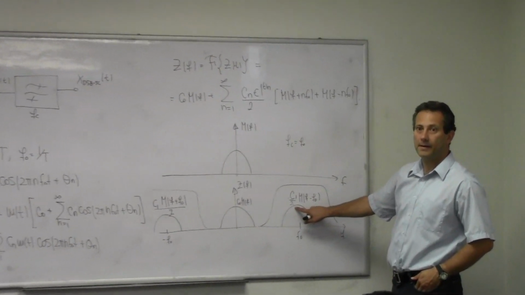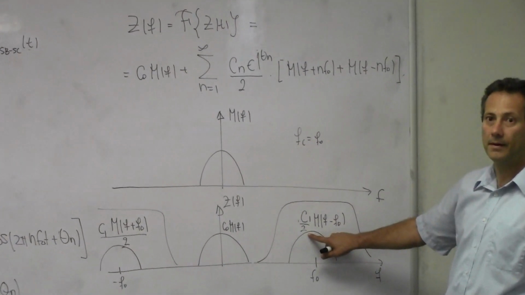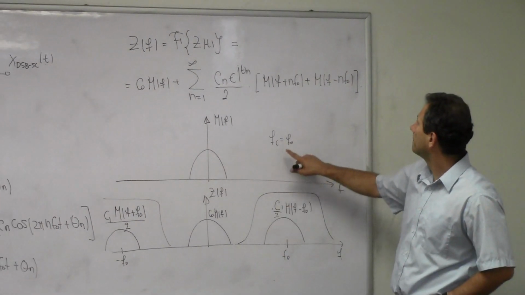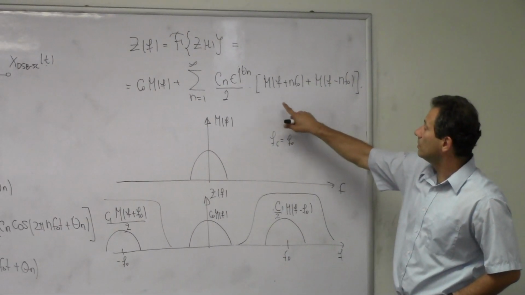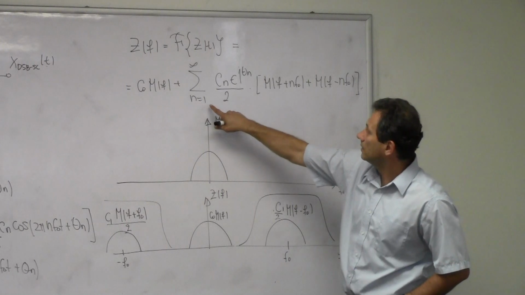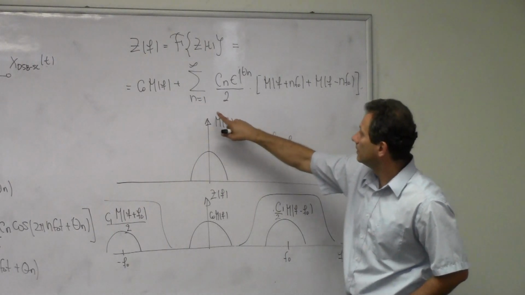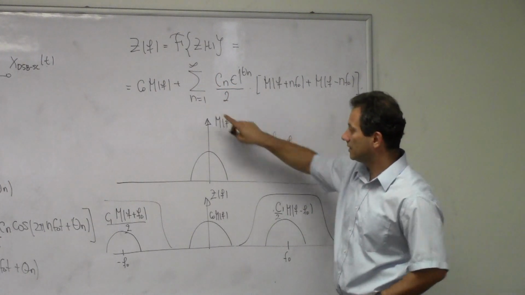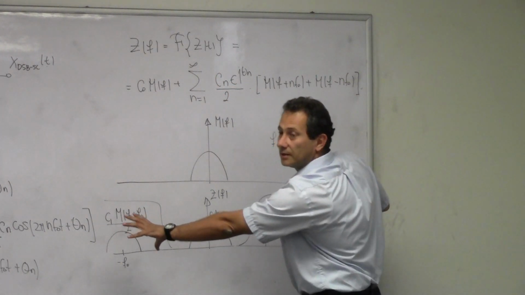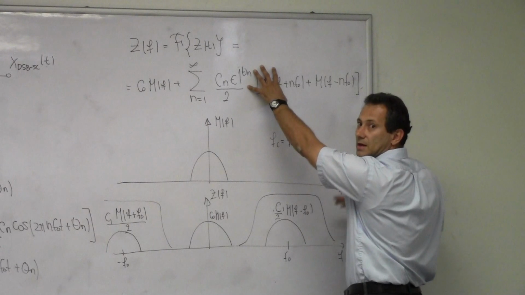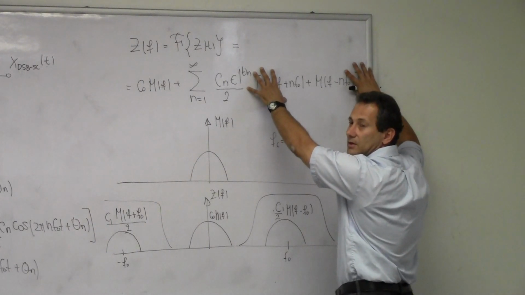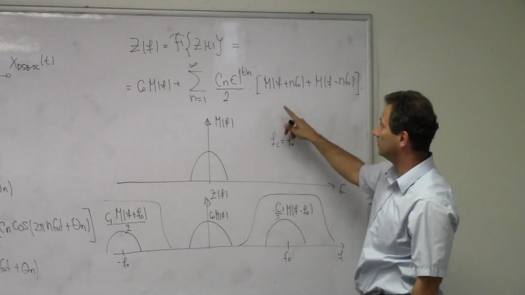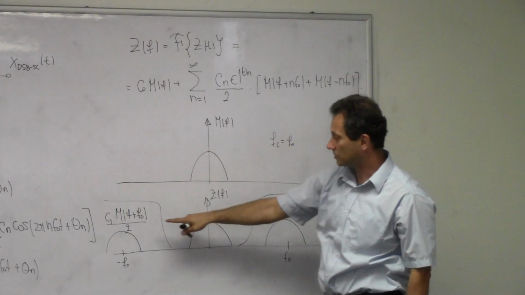Because this goes from 1 to infinity, but every n gets you 2 of these. I have one on the left-hand side and one on the right-hand side. So this is already taking the half into account. So it's C1 over 2.